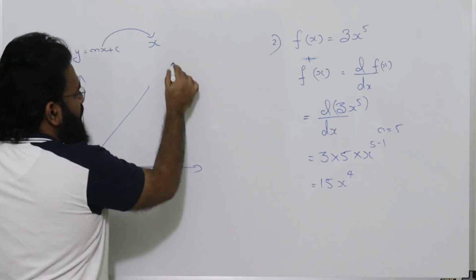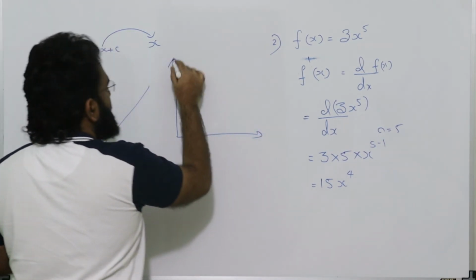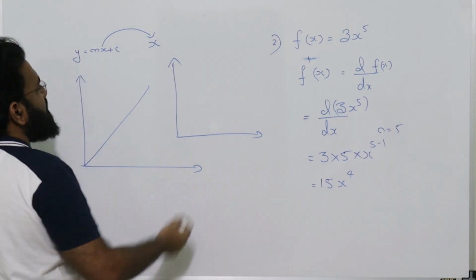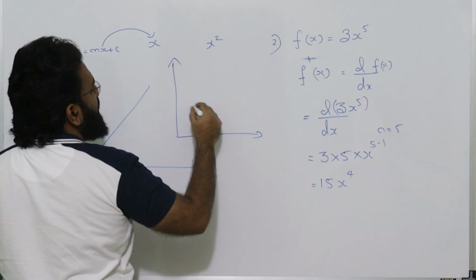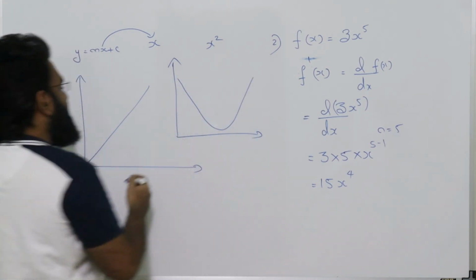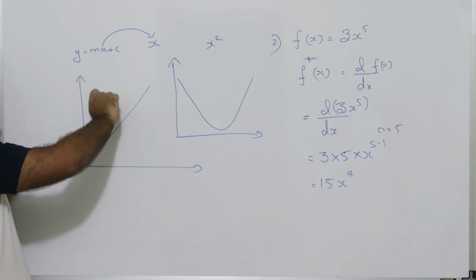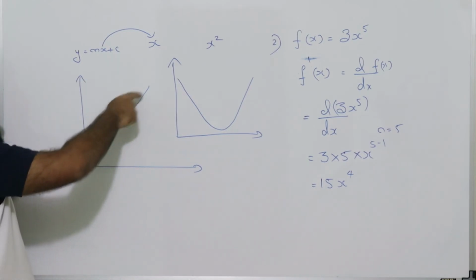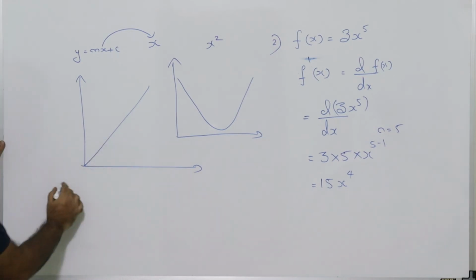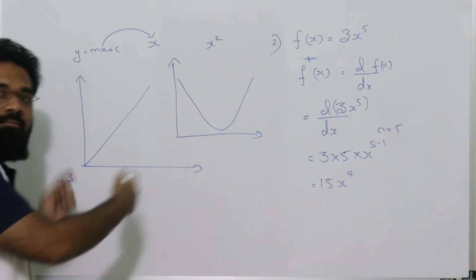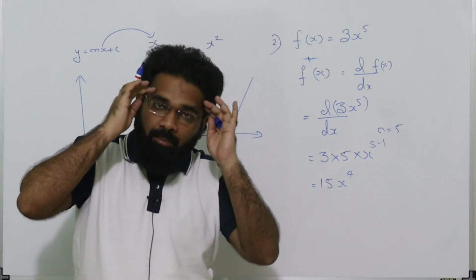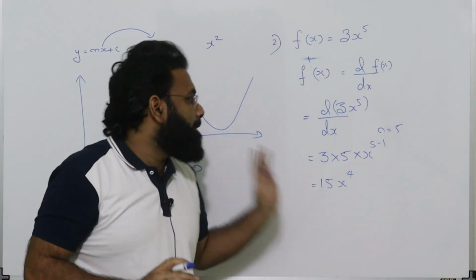Now suppose you write x square. For x square you will get a parabola like this. If you do x square, it is like beating the line with a hammer and curving it. Suppose it is x cube, all this has mathematical links. This much information you don't need, but to make you remember, I am telling all this.